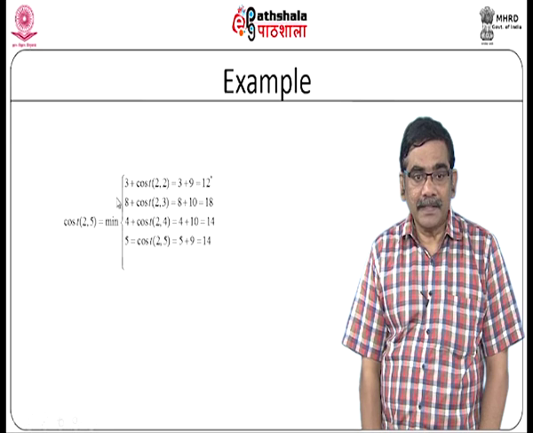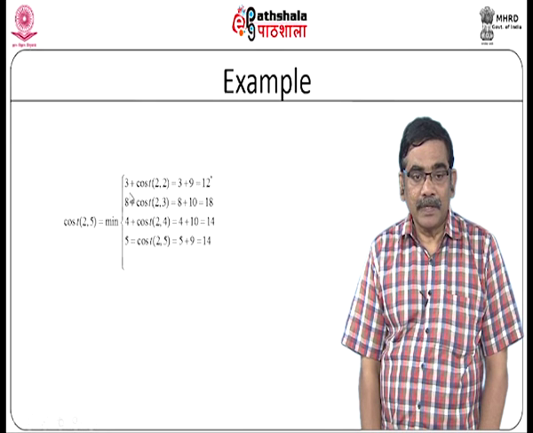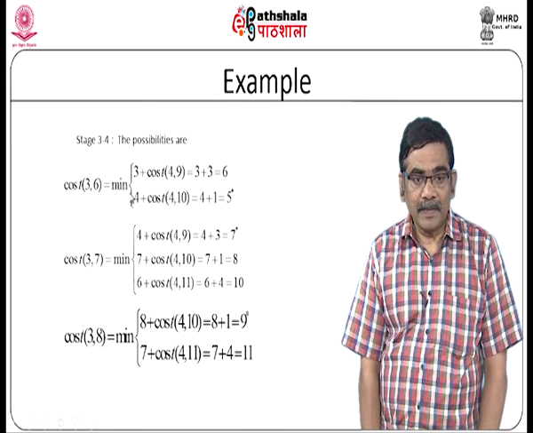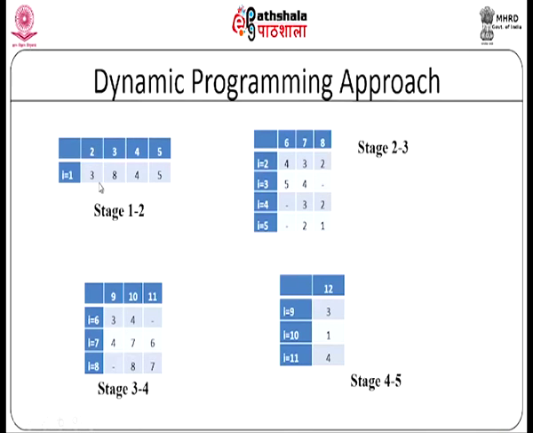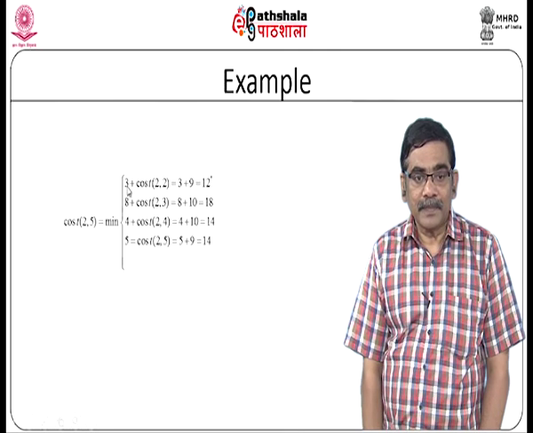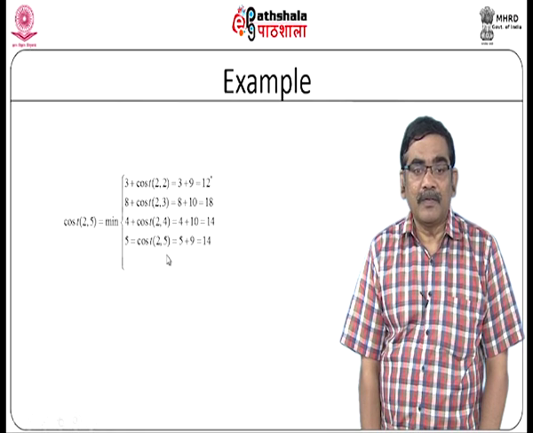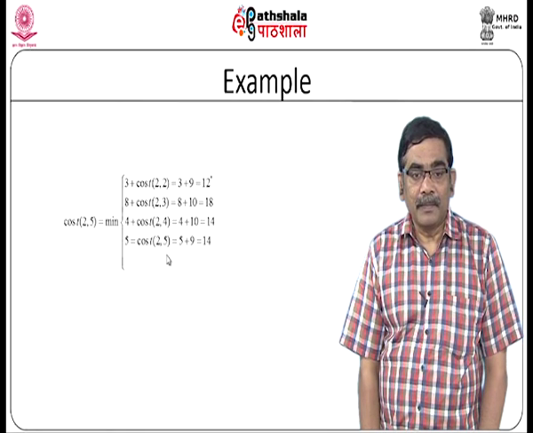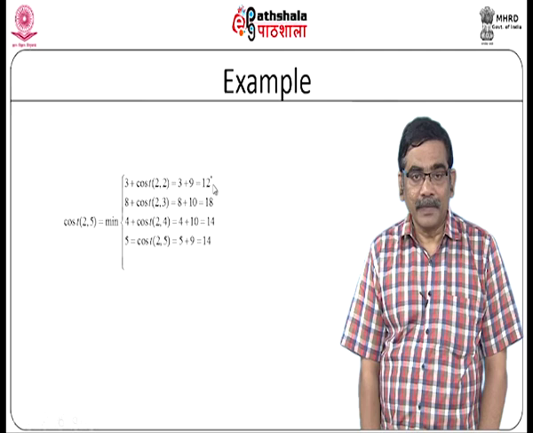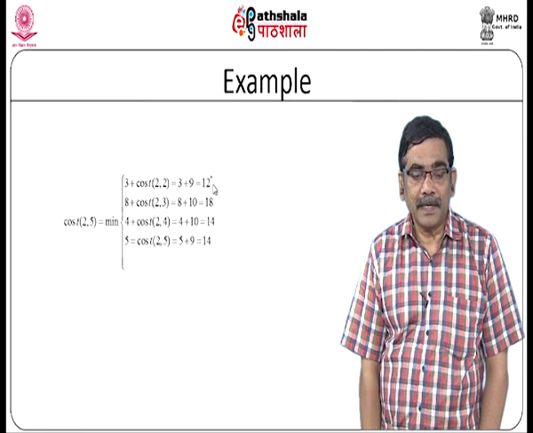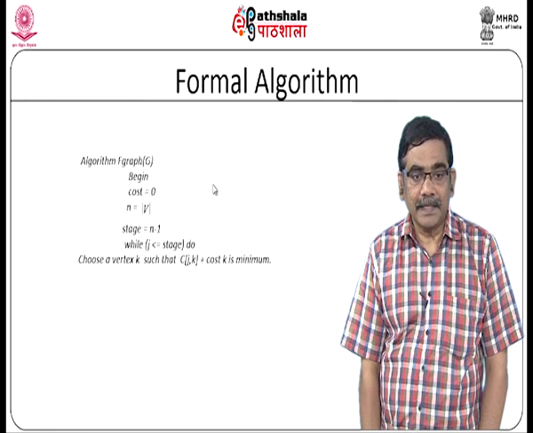From this particular table, 1 to 2 is 3. Therefore, it becomes 3 plus cost of 2 comma 2, 2 comma 3, 2 comma 4, 2 comma 5, which you found in the previous iteration. Substitute everything and find the minimum, that is 12. This is the shortest path from source to destination.